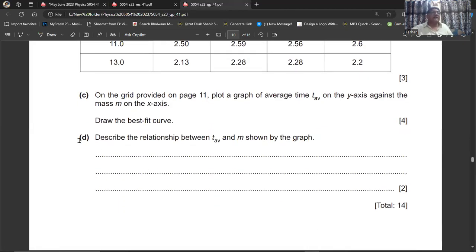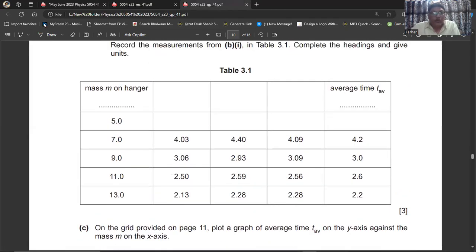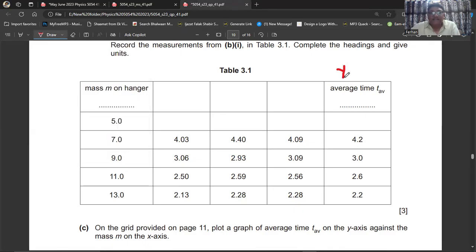Then he says, on the grid provided on the next page 11, plot a graph of the average time on the y-axis against the mass M on the x-axis. Draw the best fit curve. So now they are saying the time should be represented on the y-axis, and the mass will be represented on the x-axis.